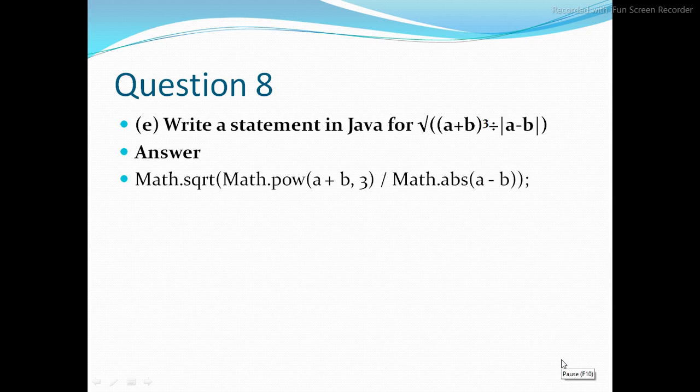Math.sqrt, inside the brackets Math.pow. You can see Math.pow. (a plus b) whole cube, so I told you the formula for power: if this is a and this is b, then a to the power b is Math.pow. So Math.pow(a + b, 3), divided by Math.abs, the sign of absolute, (a - b), then double closing.